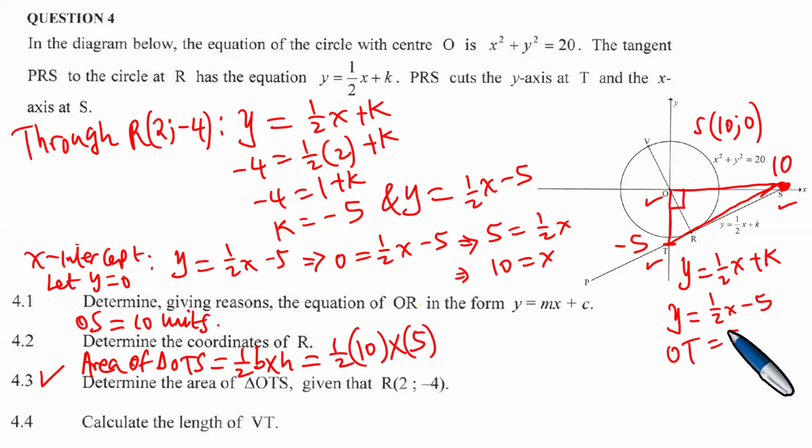Half of 10 is 5, times 5. What is 5 times 5? 25. So the area of triangle OTS is 25 square units.